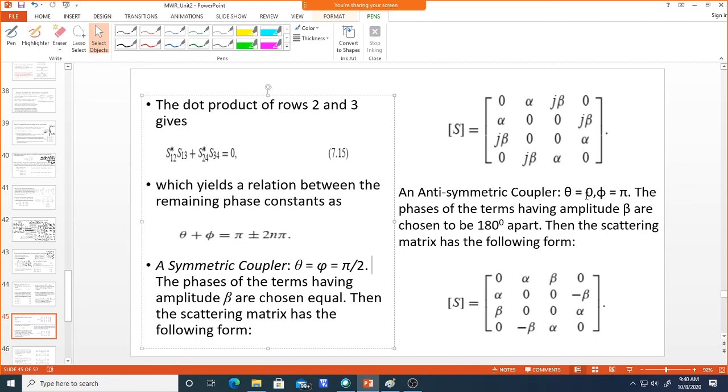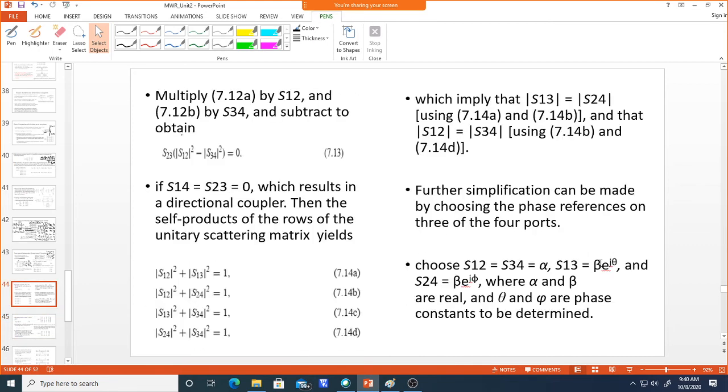And if I take theta equal to 0 and phi equal to pi, what will happen? If I put theta equal to 0, S13 will become equal to plus beta, and if I put phi as pi, S24 will become equal to minus beta.